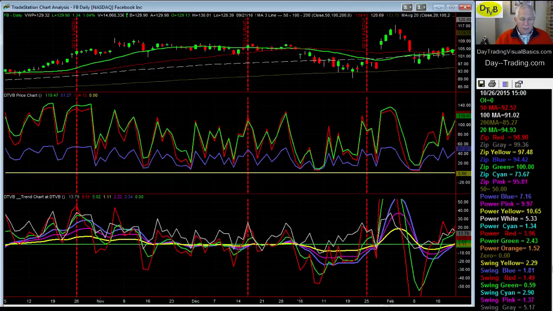The other thing too, notice where your trend trio lines are. In the middle here, they're under zero. On this one over here, they're under zero. But up here, trend blue is actually pretty high. Trend blue is at 25.